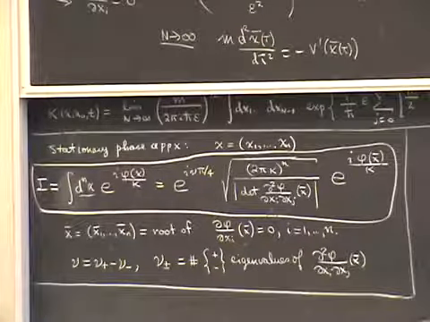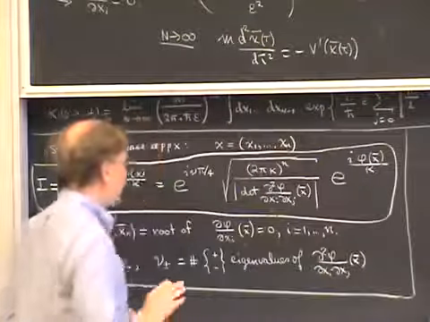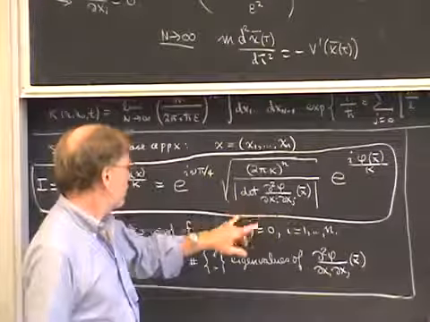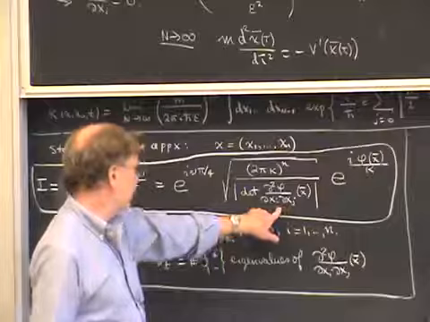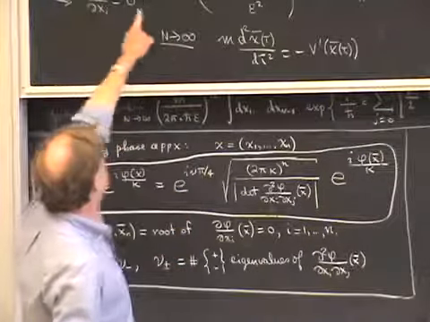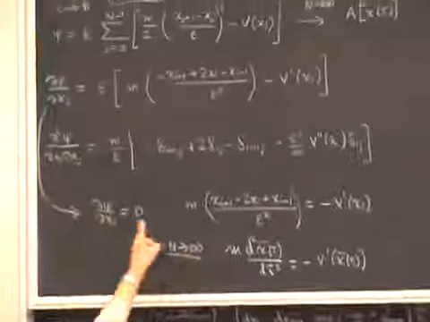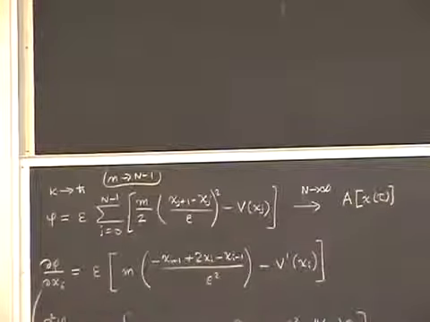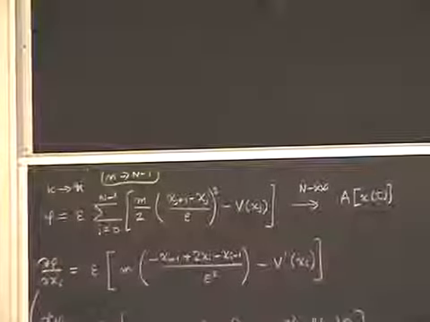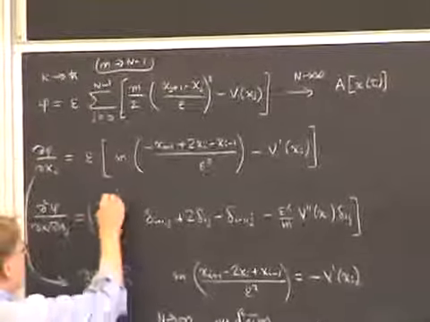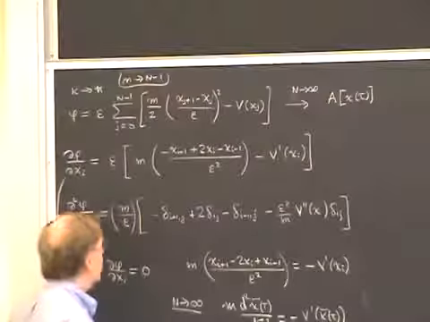Well, all right, so that's the intuitive idea, and now I'll get into more of the details. It's clear that in order to examine this, we're going to need the second derivatives of phi, and I've evaluated them here. It's just writing this out in this form here of the log, and taking the derivatives. Taking these second derivatives, the way I've written it is m over epsilon times something in square brackets.